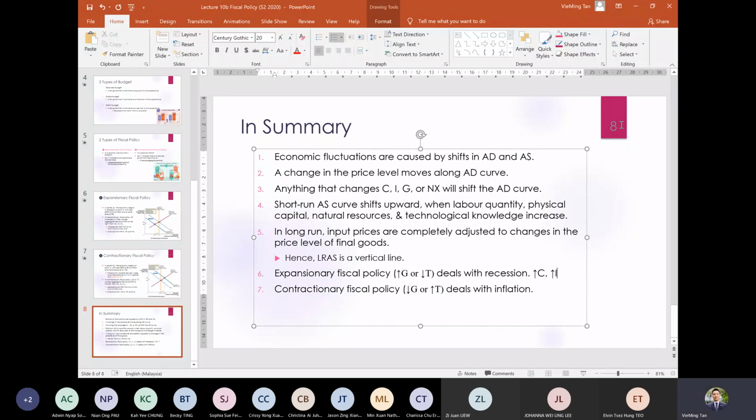Once the I increases, there are more outputs now in the market, because when more private firms are willing to produce, that means there can also be more quantity of output. Okay, and this quantity of output also can help to increase the export in the country. Okay, the quantity of export also can be increased.